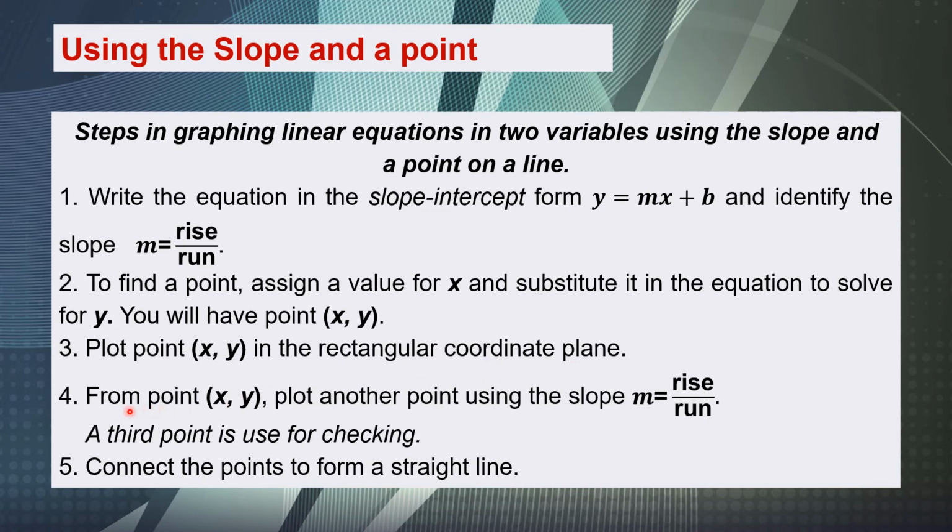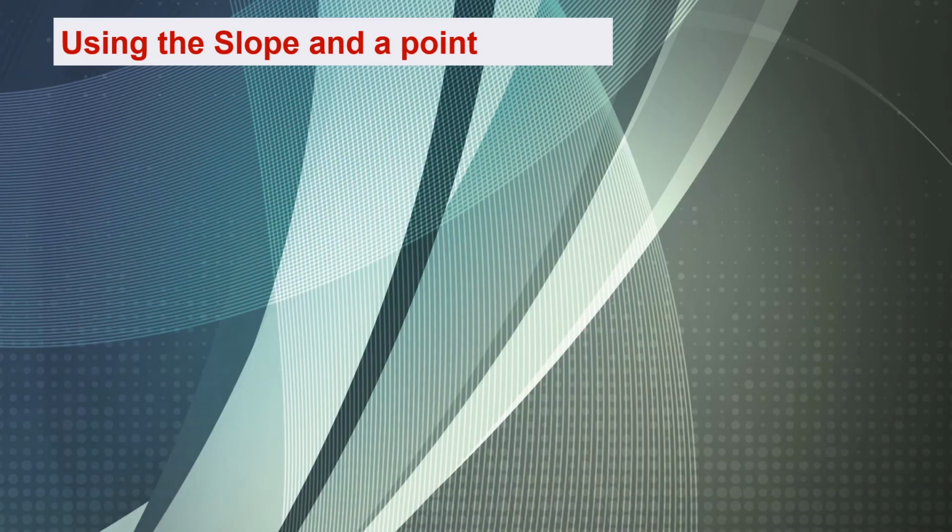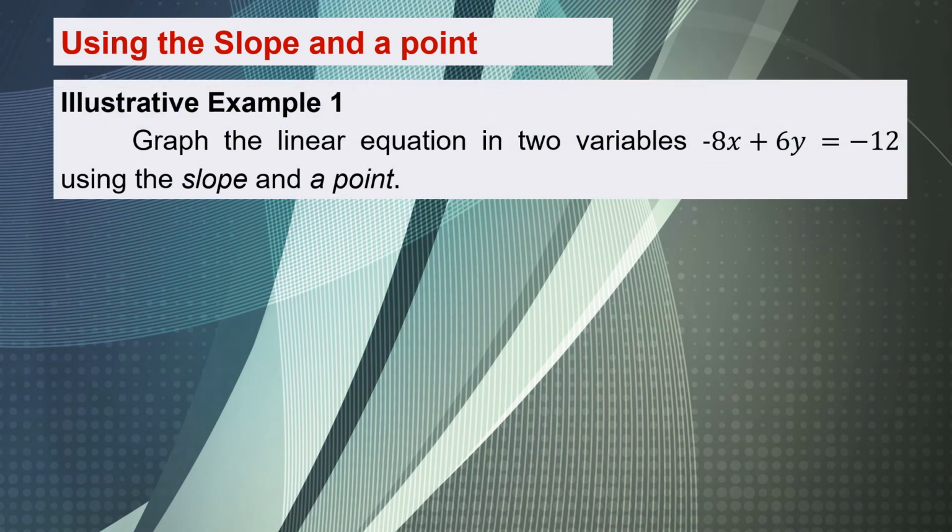Fourth, from point x, y, plot another point using the slope. A third point is used for checking. And the last step is connect the points to form a straight line.